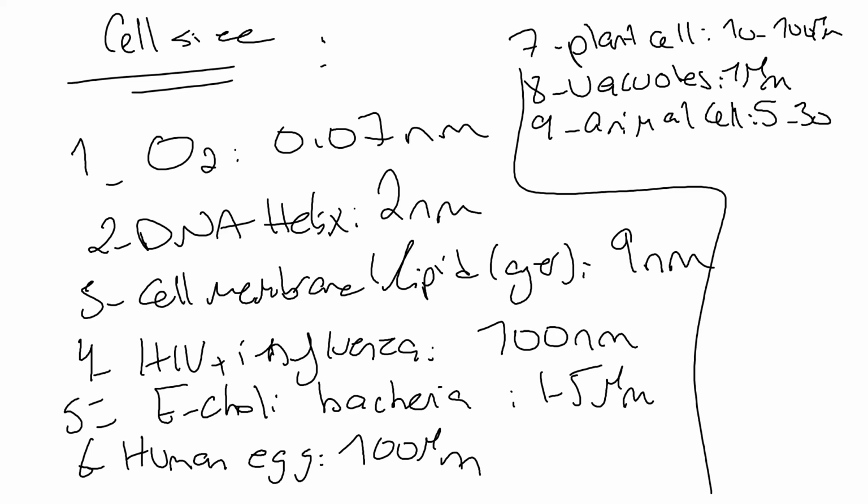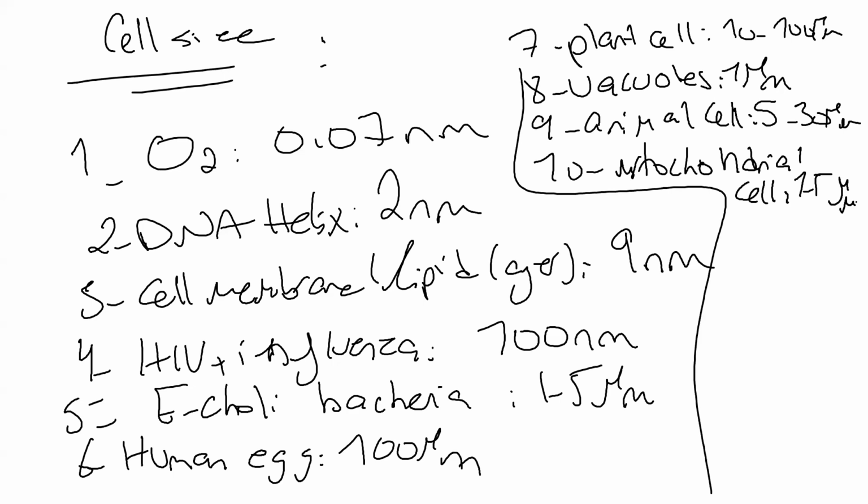Micro is times 10 power minus 6. Nano is times 10 power minus 9. Mitochondrial cell is 1 to 5 micrometers. It's the same as E. coli. Okay, another one.